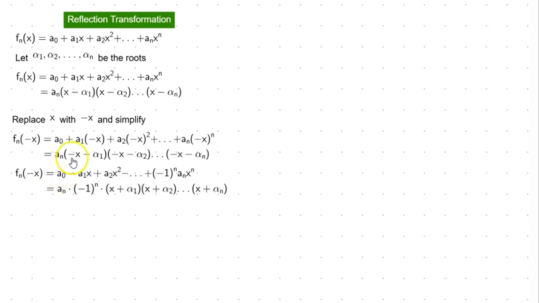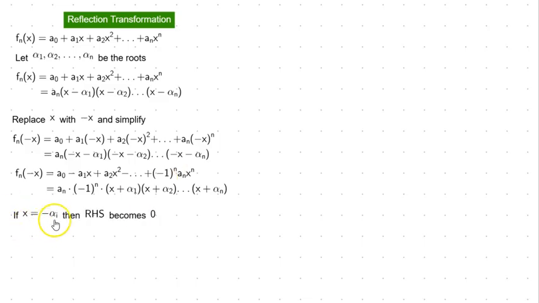A sub naught minus a sub 1 x plus a sub 2 x square minus and so on, plus minus 1 to the power of n times a sub n x to the power of n. So we are taking that sign which is alternating throughout as minus 1 to the power of n.